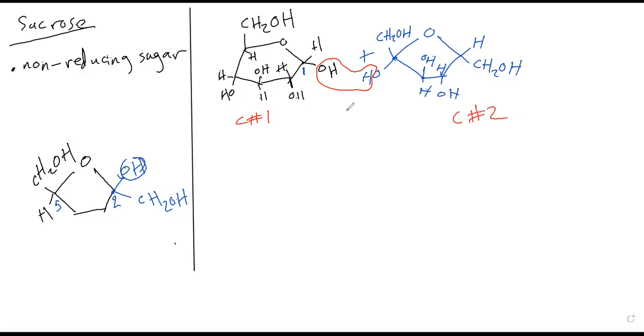So after you do this, you draw your arrow. We're getting rid of water. So we're eliminating H2 and the O. What is left now? Let me switch colors. CH2OH.